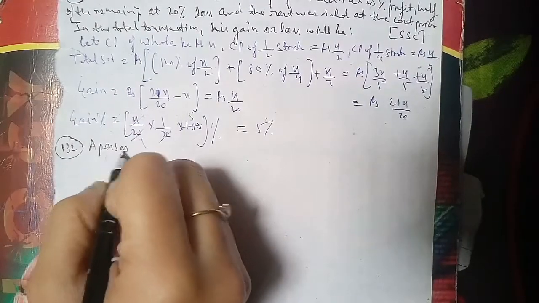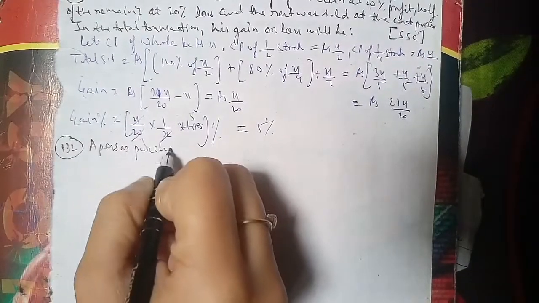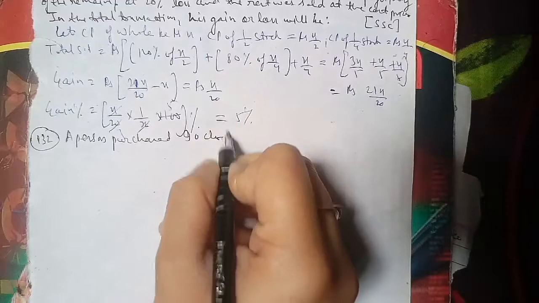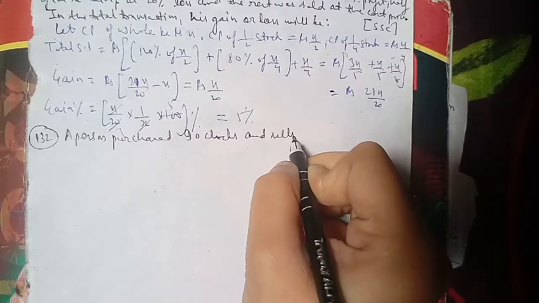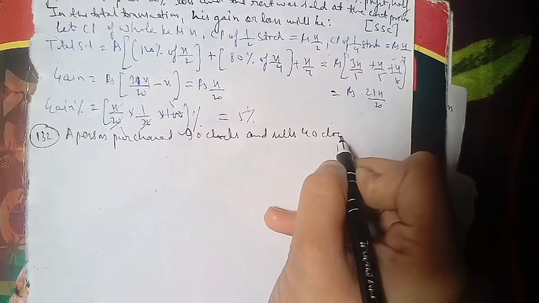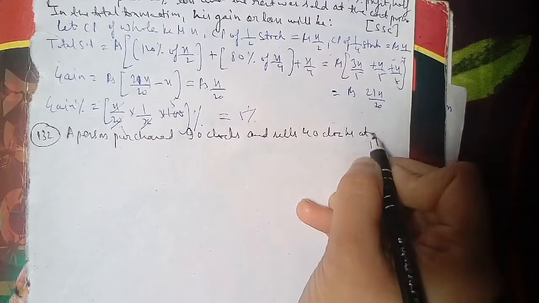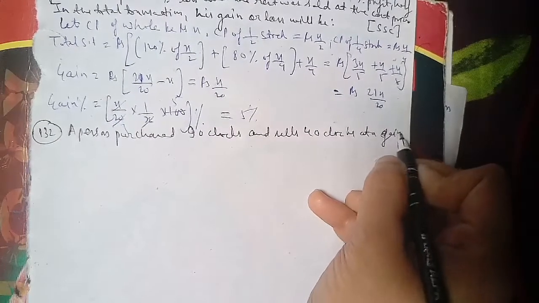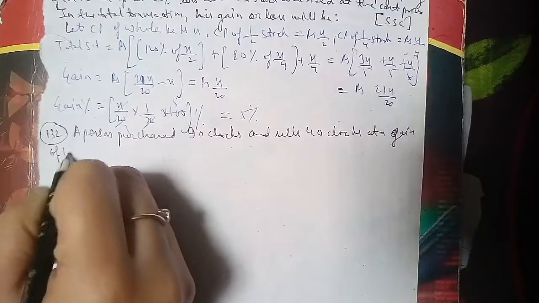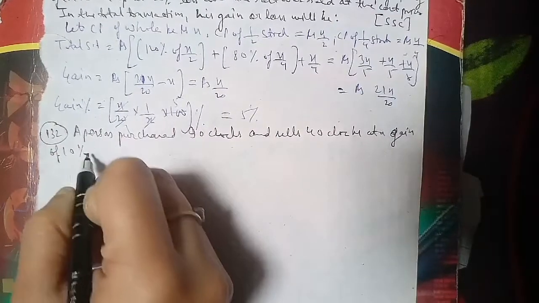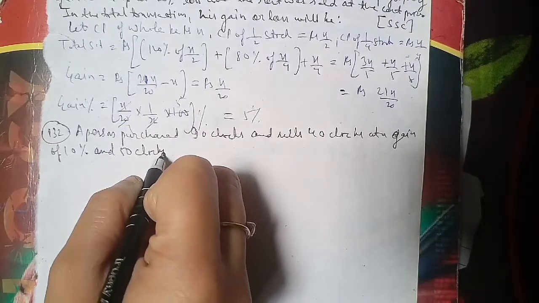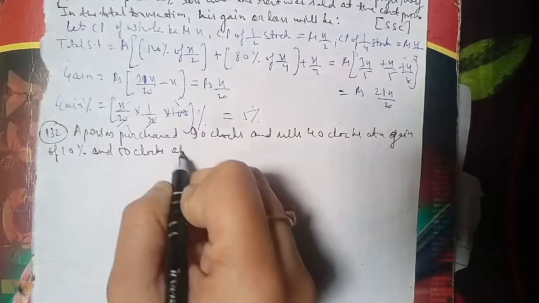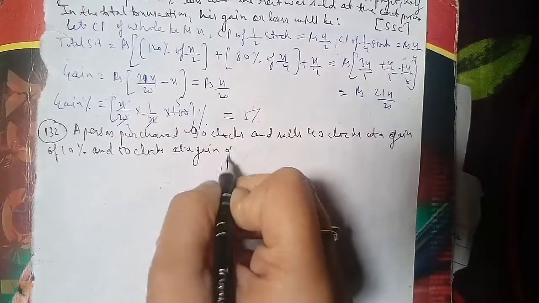A person purchased 90 clocks and sells 40 clocks at a gain of 10% and 50 clocks at a gain of 20%.